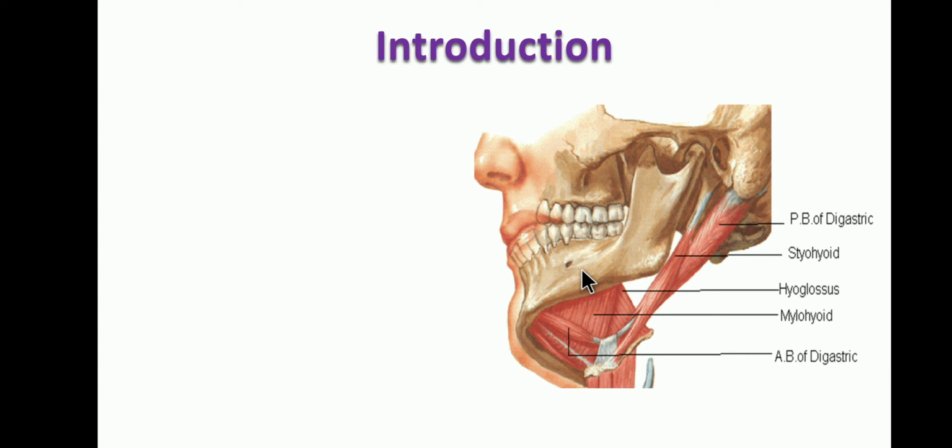That is from the lower border to the mylohyoid line of the mandible, which is present deeply. You can see the gland is very intimately related to the mandible. So, up to this submandibular fossa and to the hyoid bone, it is called the submandibular region.